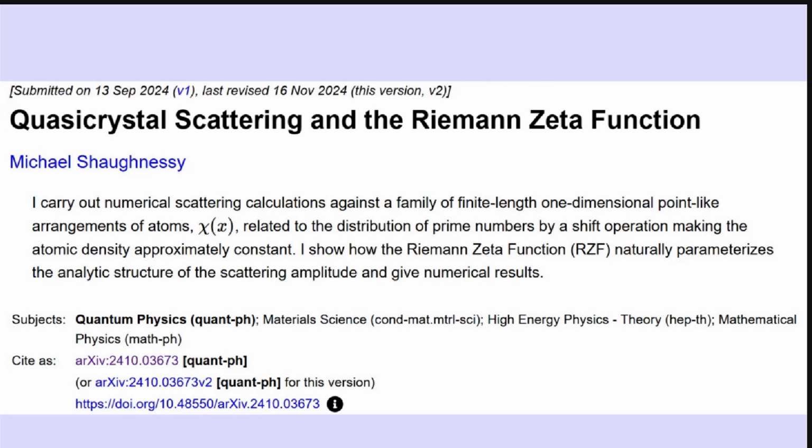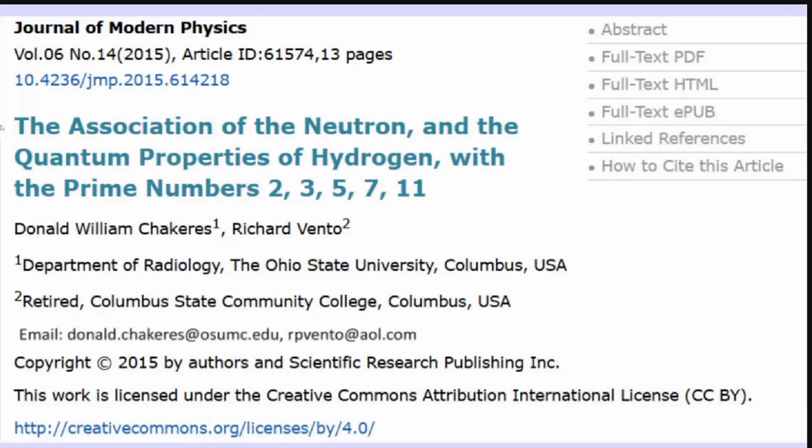Quasicrystals and prime numbers have a relationship. What else has a relationship with quasicrystals or prime numbers? Turns out that the shells of the hydrogen atom seem to follow some similarity to prime numbers. Wait a minute. So the most fundamental atoms we got have some prime numbers built into them, and prime numbers just so happen to be related to quasicrystals?